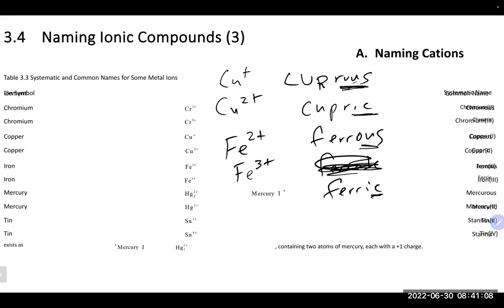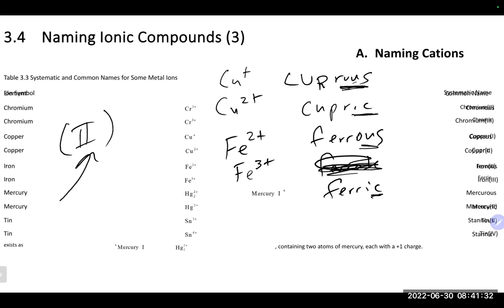We will not use the older way of naming in this class. For type 2 compounds, you should use Roman numerals. So we will use Roman numerals here, not the older way of naming. So make sure you do use Roman numerals for this type. But you will sometimes still see things like cupric, cuprous, ferrous sort of used in places. But again, we will strictly use for type 2 the Roman numerals.